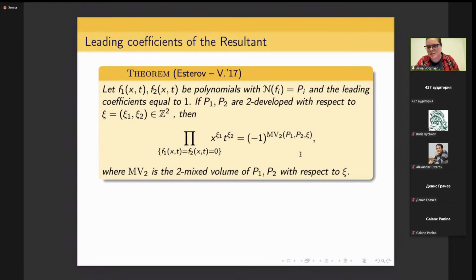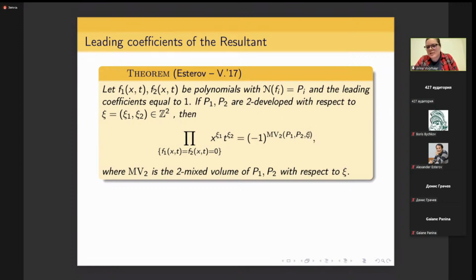It possesses several nice properties: it's symmetric with respect to those polytopes, and it's multilinear with respect to Minkowski addition, but it cannot be restored using any polarization construction, unlike the classical mixed volume that we discussed. It has a completely different nature, and this function was studied in detail in our joint paper. So if you are interested, you can look there.